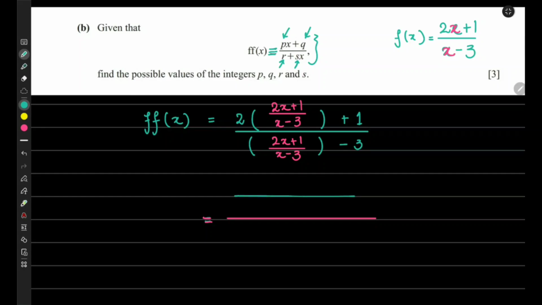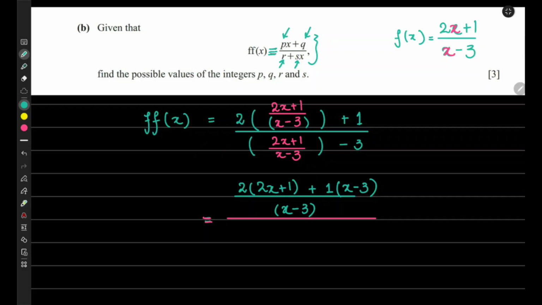So we have this in the numerator. I am taking x minus 3 common denominator, so the left hand side will become 2 times (2x plus 1) plus 1 times (x minus 3).